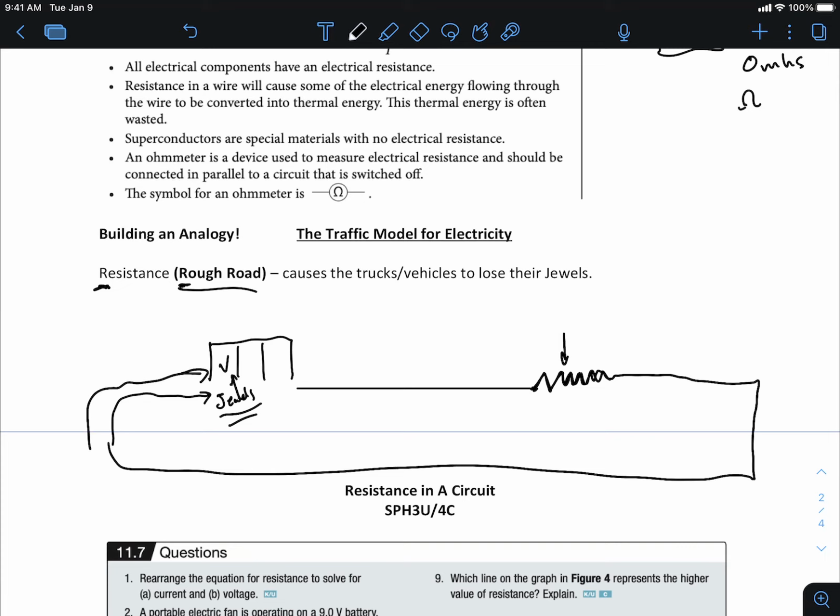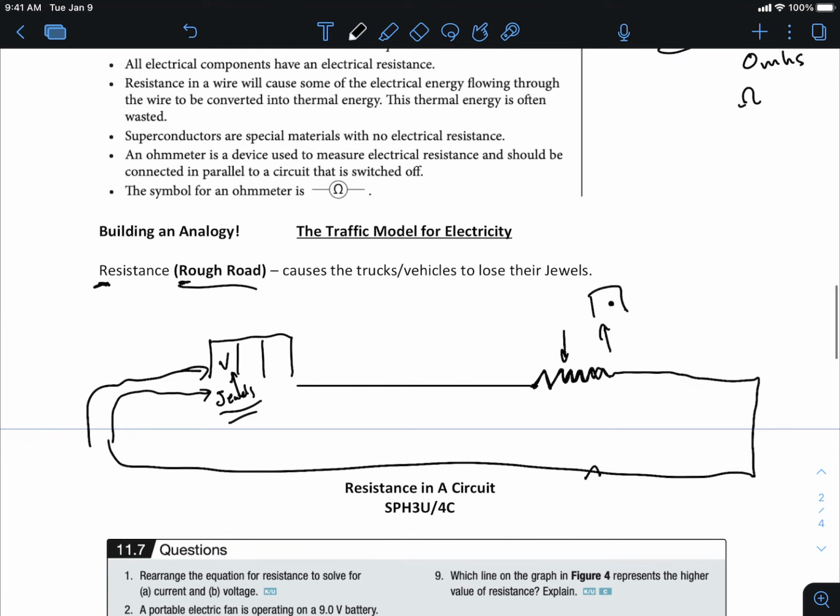You could even think of this being somebody's house and they're doing a delivery, right? And if there was another one over here, they do another delivery. The idea is that the manager at the bank doesn't want to see them come back with joules in their truck.